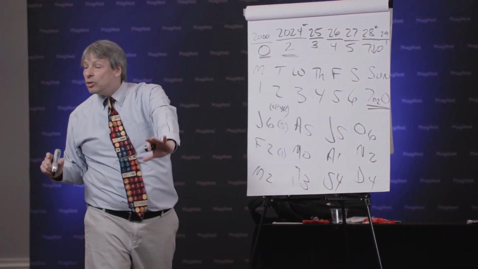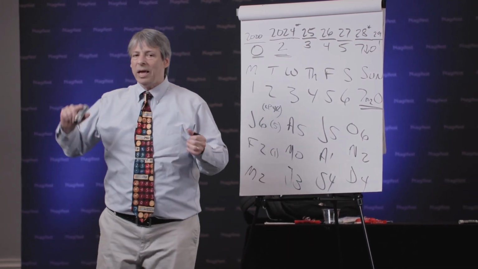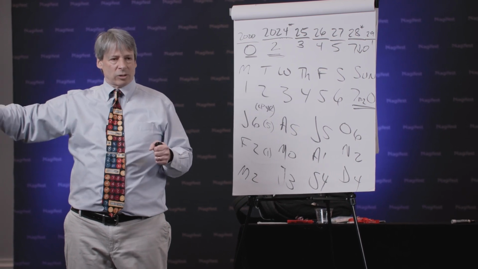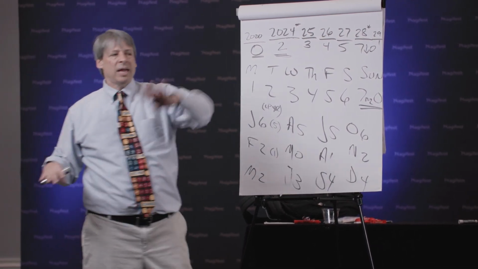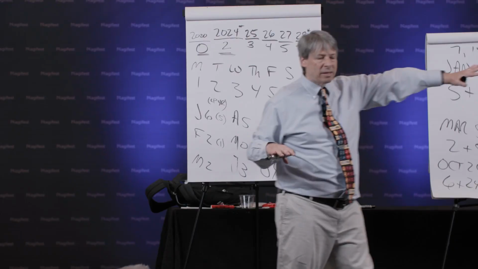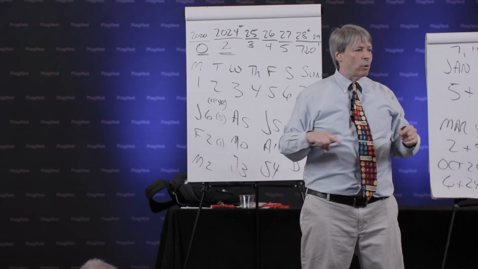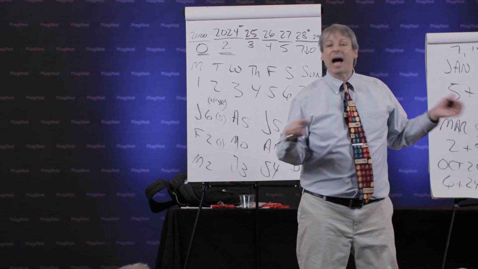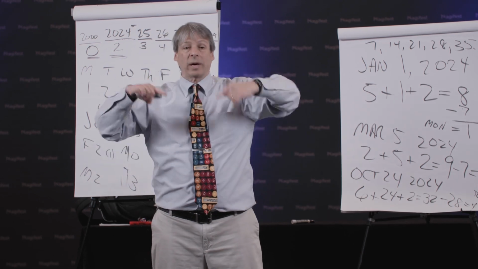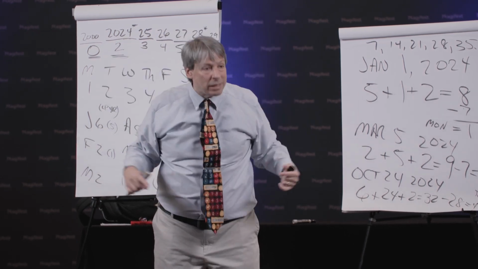Another nice thing to know is that the calendar cycles every 28 years, at least as long as we stay between the years 1901 and 2099. So if you found somebody who was born, say, in 1975, you could add 28 to that, and you'd get 2003.